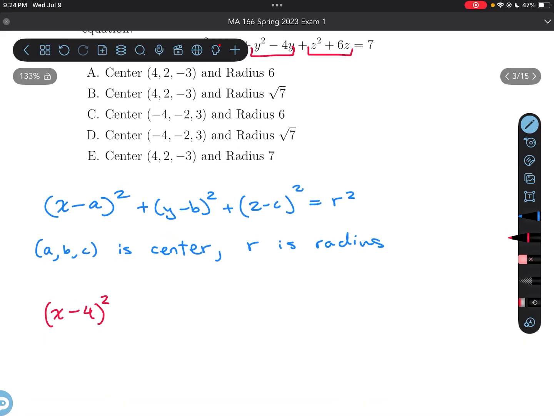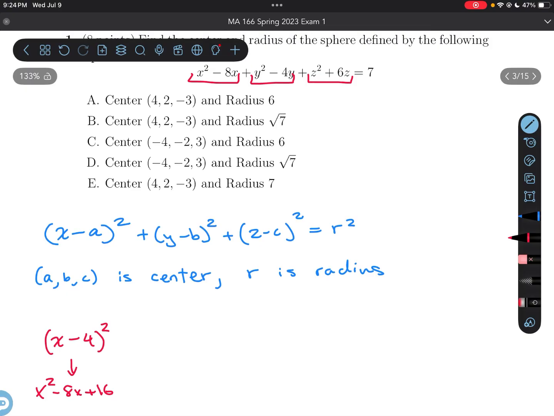If I expand this out, I get x squared minus 8x plus 16. This is almost identical to the original problem, except we have an extra constant, and later we'll see how to take care of that. We do the same thing for y. Half of negative 4 is negative 2.